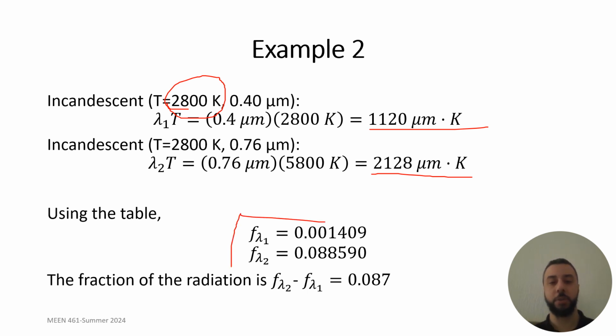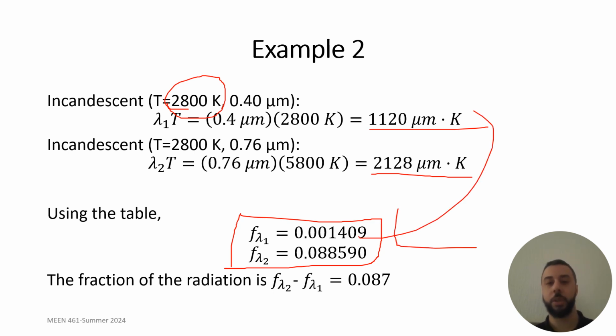And we get these fractions. The one thing that I want to make sure you are aware of is how to go from these values to these fractions using the table. This is going to be one of the main steps, and it's important for you to know how to go from these values to these fractions. And again, the fraction of the radiation is the difference between the two fractions, and we get 0.87 or 8.7%. So that ends example 2.